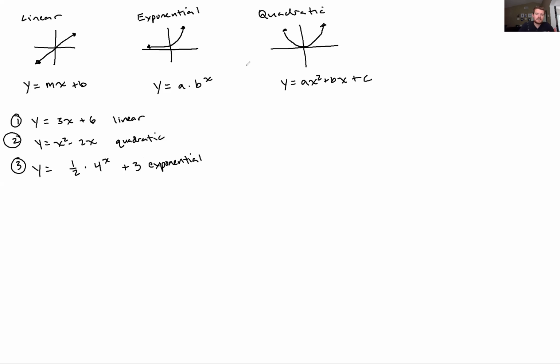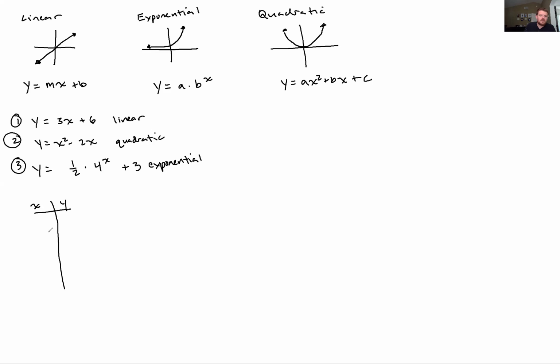The other thing you're going to be asked to do is to recognize what type of function it is based on a table. This is a little more complex, but we've done this before in Integrated Math 1 and earlier in the year. It could be written as a t-chart or as a list of coordinates, the same idea.